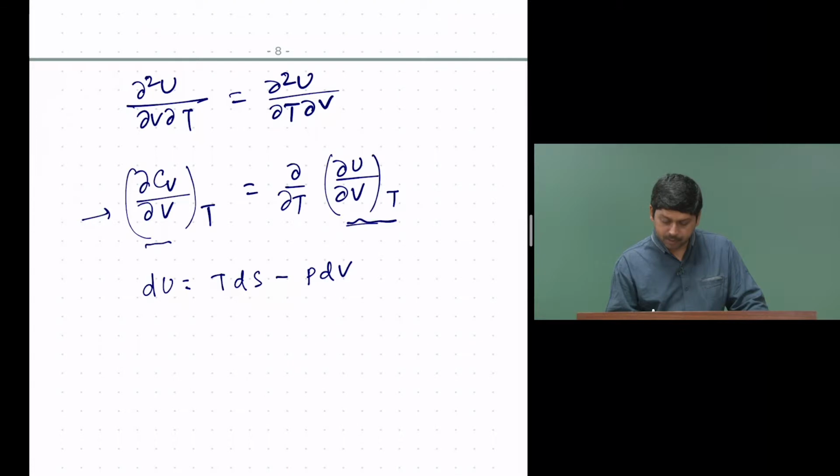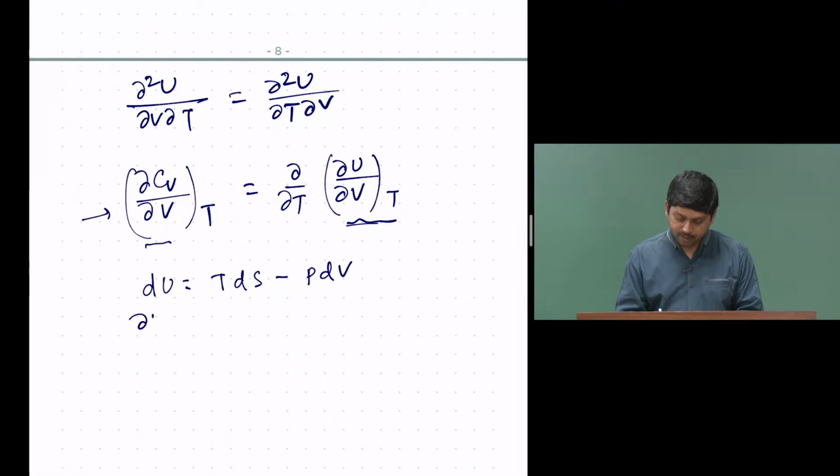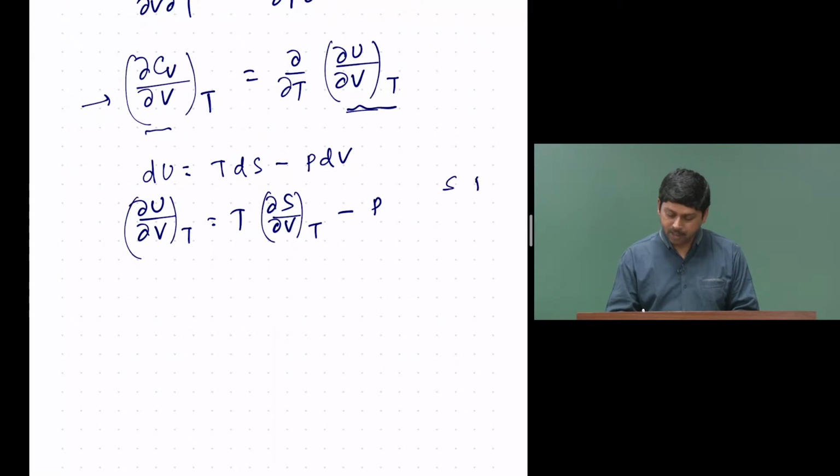Taking the differentiation with respect to V at a constant T gives T del S by del V at a constant T minus P. And Maxwell's relation showed us that del S by del V at a constant T is nothing but del P by del T at a constant V.